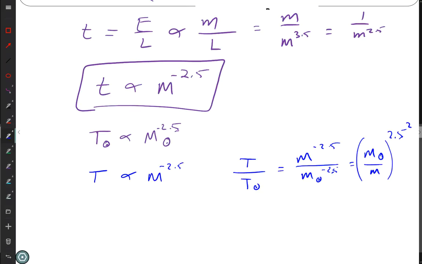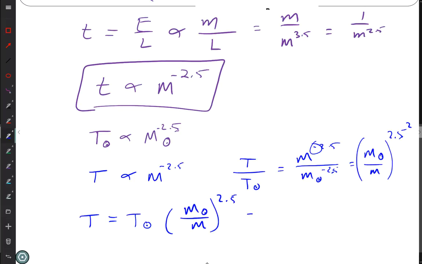Now, what did I do in that last step? I went from a minus sign to a plus sign and inverted which one was on top. And so what we get from this is the lifetime for any star is equal to the lifetime of the sun multiplied by the mass of the sun over the mass of that star raised to the 2.5 power.